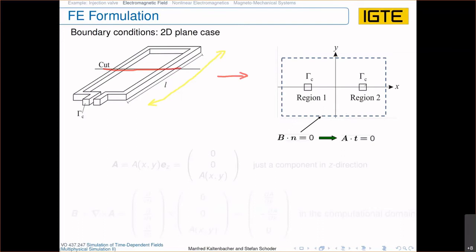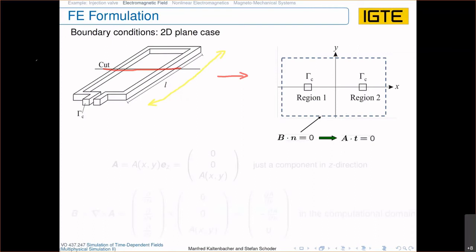So clearly if you do the computation here for this 2D problem, then on this cross section we could just use this outer boundary where we know B dot n is equal to 0, or on the other hand, A dot t is equal to 0.